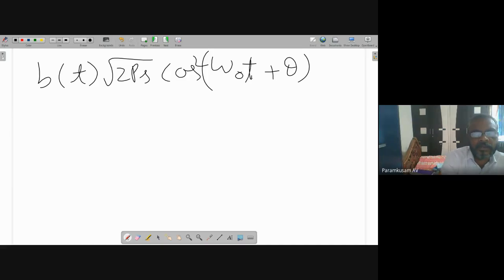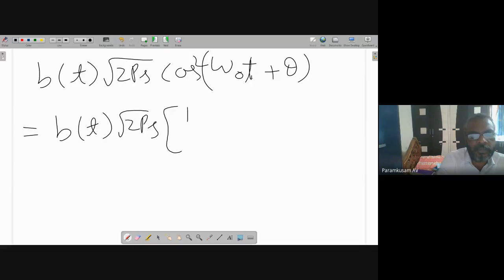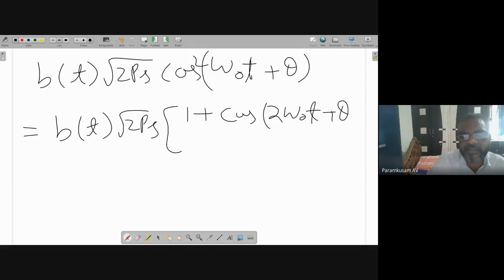Okay, how do you write this equation? b of t into root 2 ps into 1 plus cos 2 omega naught t plus theta by 2.